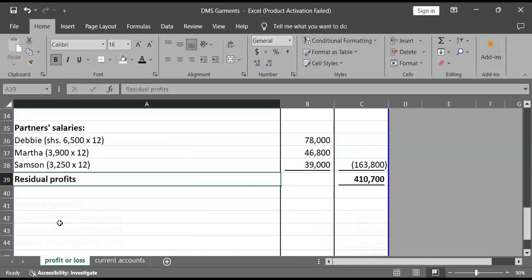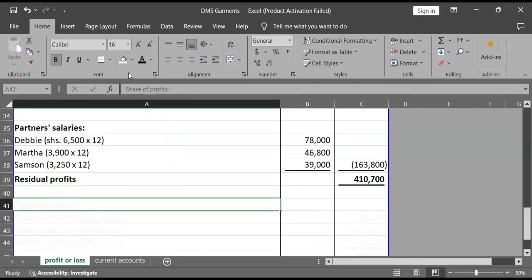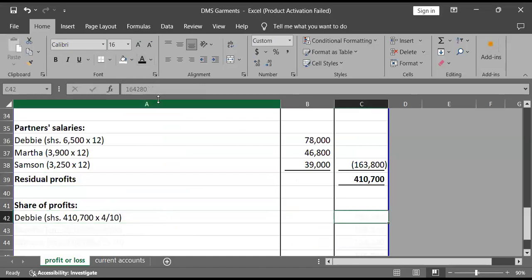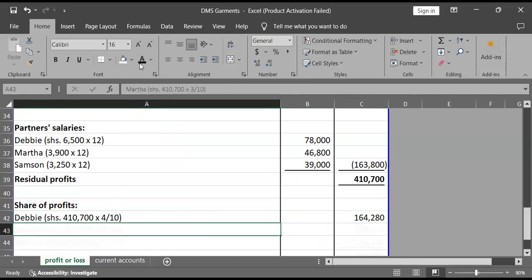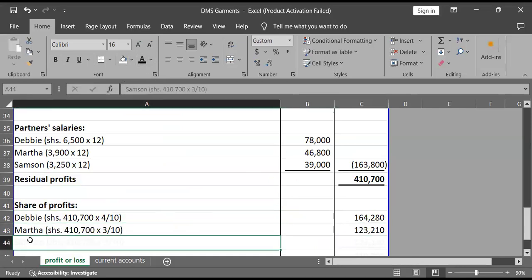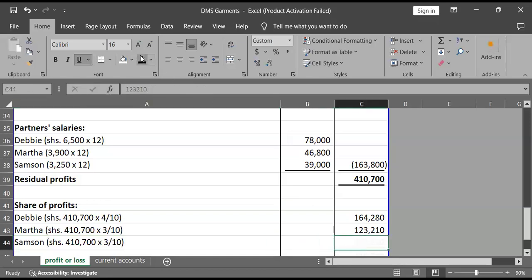And so we are going to come and show our share of profit with Debbie getting 4 out of 10, which is equivalent to 164. Martha getting 3 out of 10, which is equivalent to 123. And then Samson getting 3 out of 10 of the profit, which is also equivalent to 123.